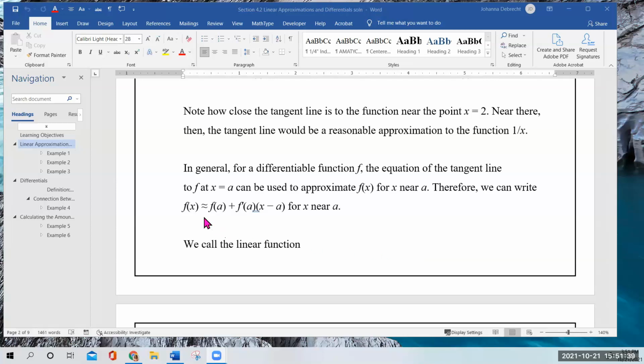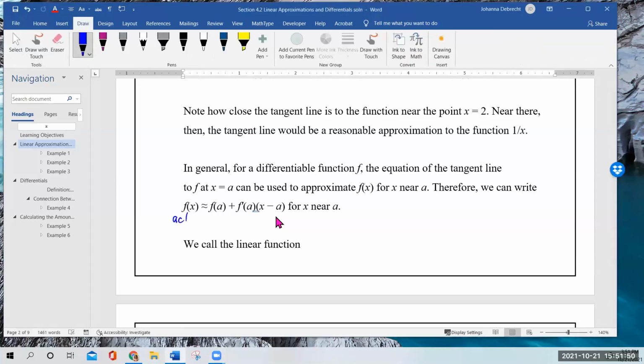We can then say that the function value there is approximately equal to the equation of the tangent line. So this is the actual function value that you see here on the left, actual function value f of x, which is approximately equal to the value on the tangent line.